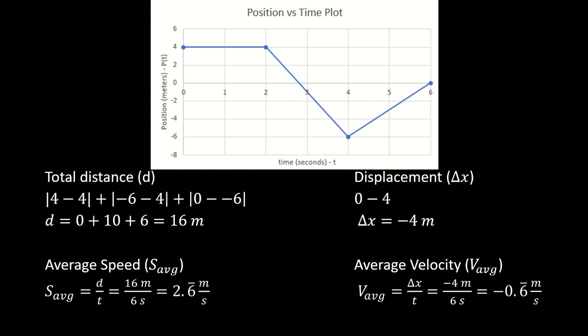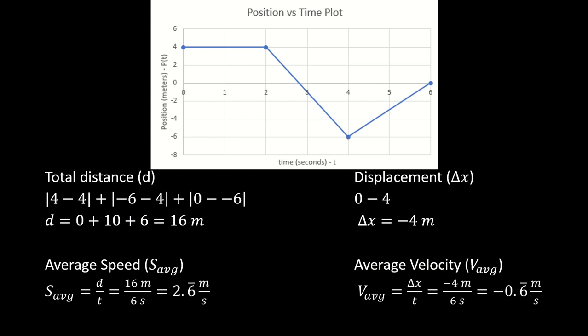So the absolute value of 4 minus 4 is 0 meters traveled. Now from time t equals 2 to 4 seconds, we started at position +4 and we ended at position -6. So the distance traveled would be the absolute value of -6 minus +4, or 10 meters total traveled backwards.